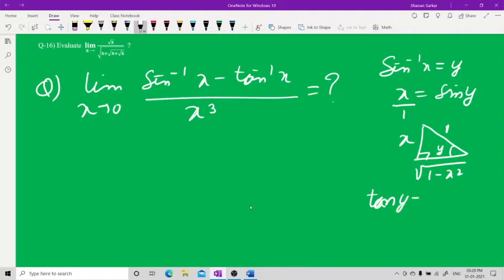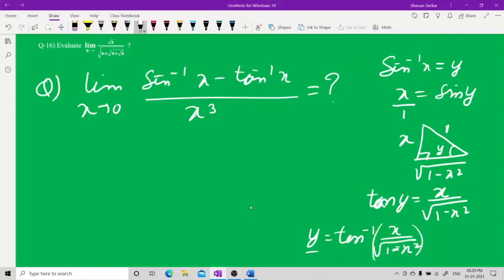Tan y equal to perpendicular upon base. Now you will get y equal to tan inverse of x upon under root 1 minus x square. So this y is equal to this.